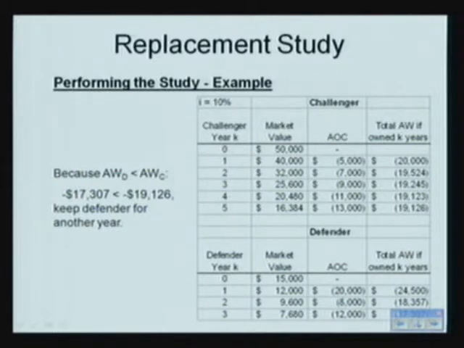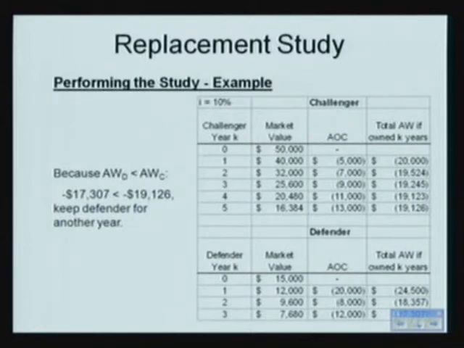Because that $17,307 is less than the $19,123, I will keep the Defender for another year. So I go through that whole exercise of a replacement study and find the economic service life of both the Challenger and Defender, and conclude I just ought to hang on to the Defender for another year.